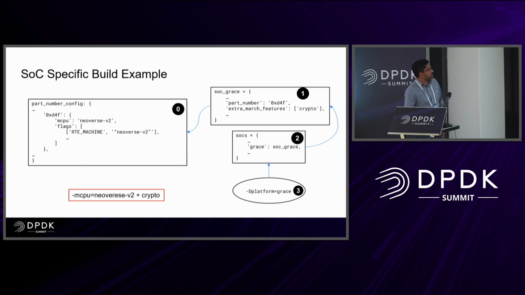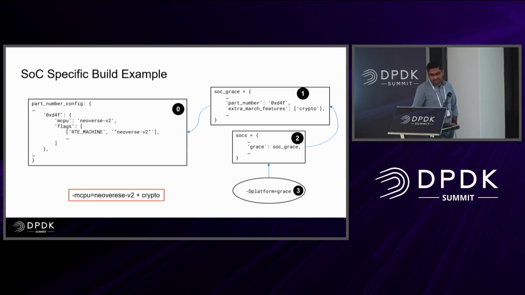This is how you add a SOC specific build to the meson.build. Let's, for the time being, ignore box 0 and focus on box 1. I'm using NVIDIA Grace as an example. You start by defining a SOC. SOC Grace has a part number, which is a hexadecimal value, d4f. This part number is unique to Neoverse V2 CPU model.